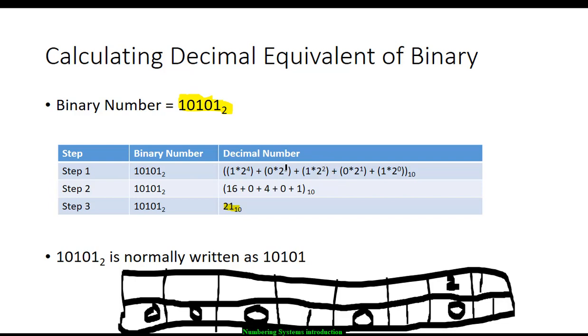We will get to 2 to the power of 3. 2 to the power of 2 is 4. 2 to the power of 3 is 8. Okay, so that is 8. And then 2 to the power of 2, what was 2 to the power of 2?